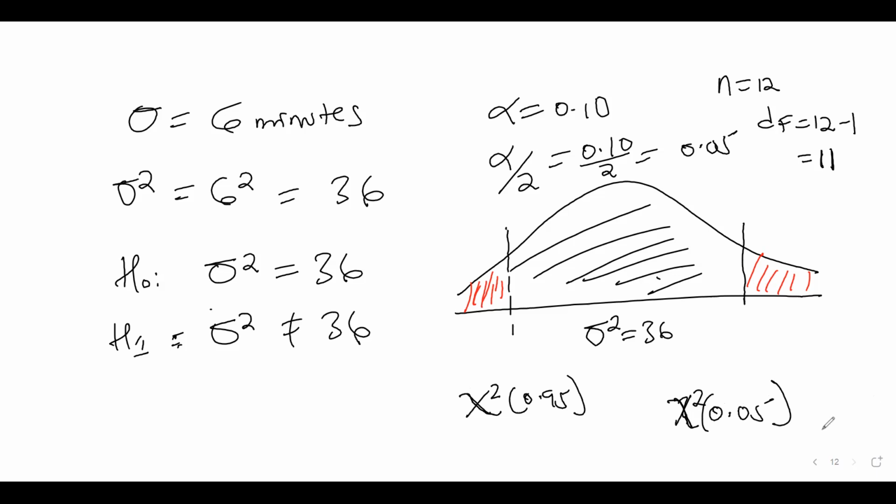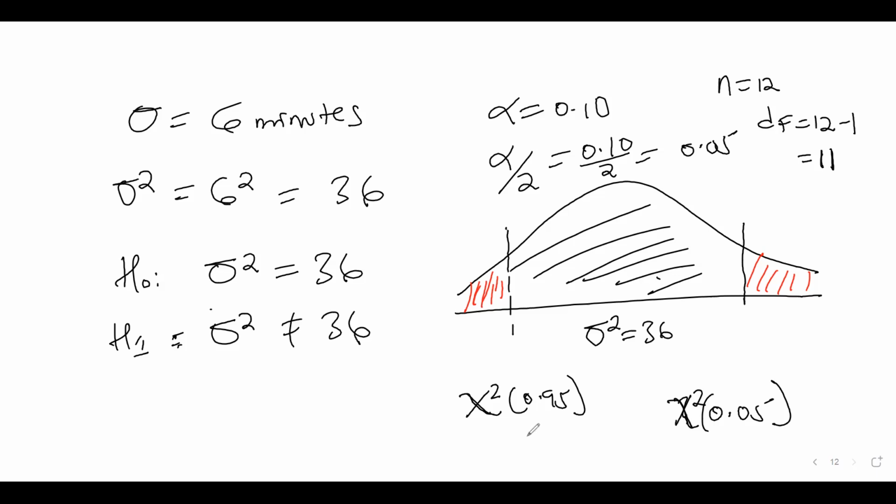That is how we read the chi-square table. Always, if the alpha for both sides was supposed to be 0.05, usually you read the 0.05 for the positive side. Then the mirror, which is the 0.95, you read it for the negative side. It's a little different from the T table, all right? And I demonstrated it in the earlier example, so by now you should be quite conversant with it.